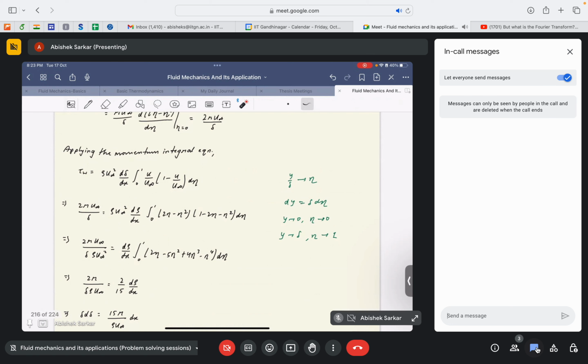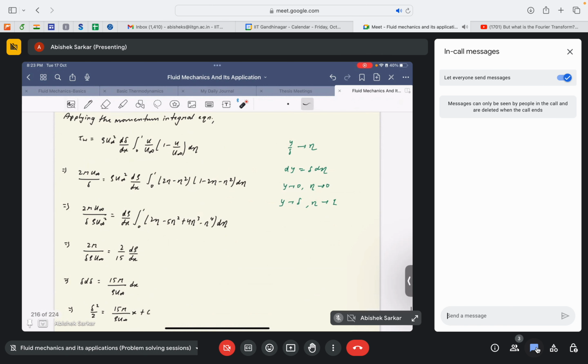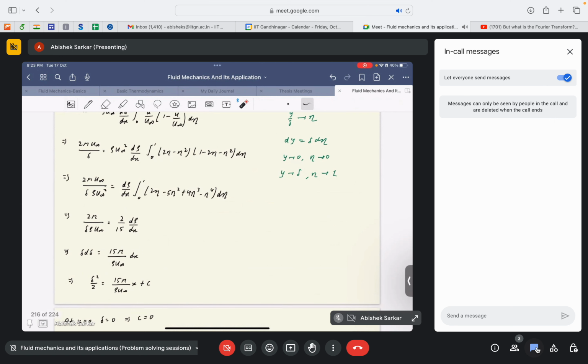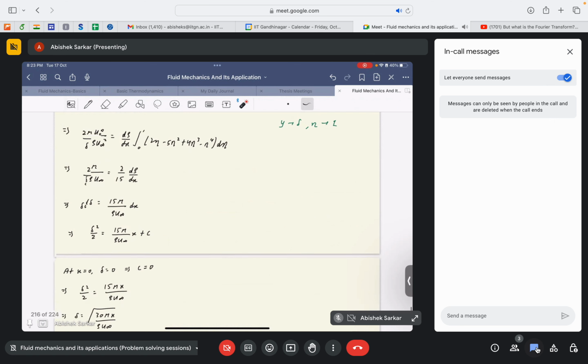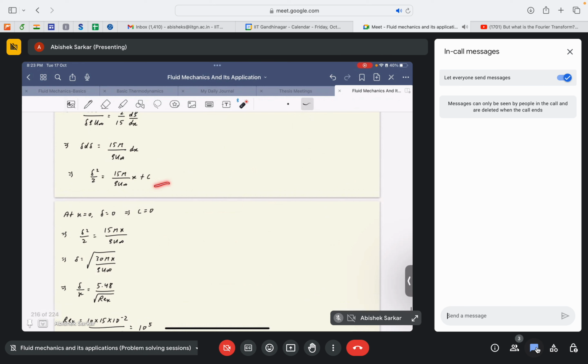Once we evaluate this integration, we get 2 mu by delta rho u infinity equal to 2 by 15 times d delta by dx, or delta d delta is equal to 15 mu by rho u infinity times dx. Just integrate it and evaluate the constant, which turns out to be 0 after applying the boundary condition.